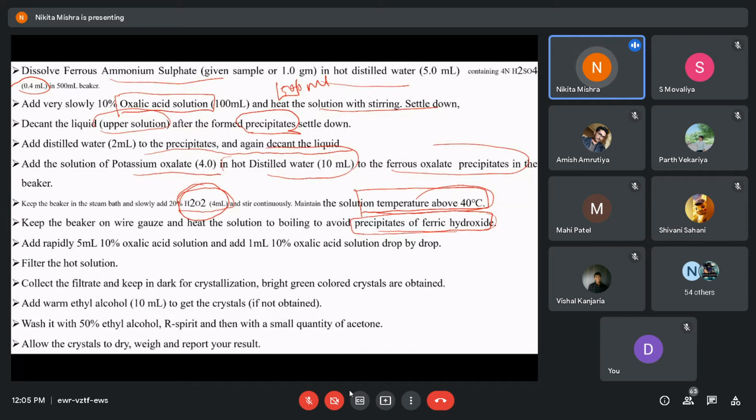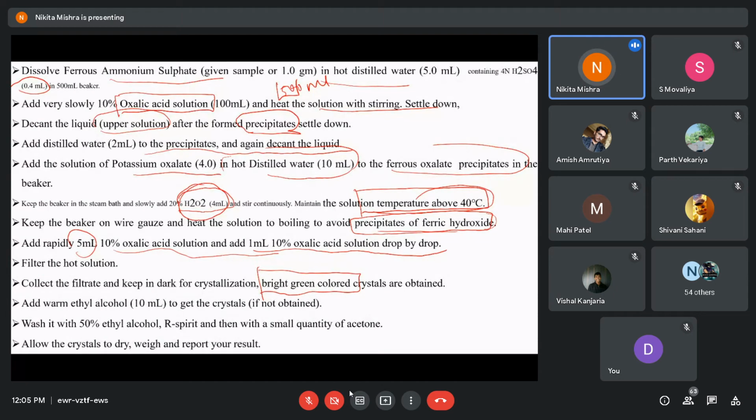Then we add 5 ml of 10% oxalic acid solution. Most of it we add rapidly, and 1 ml of the oxalic acid we add drop by drop into the solution. Then we filter the solution. Which kind of crystals will be obtained? Bright green colored crystals will be obtained.